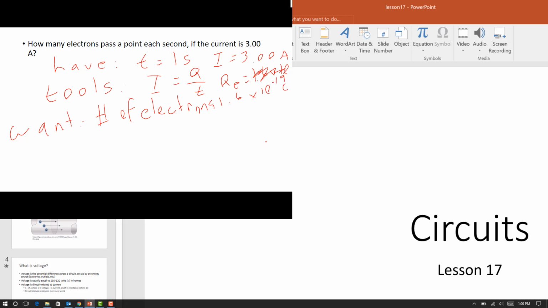Does that make sense? So this problem is like the one previous where we're solving for charge, the number of coulombs, and so we'll use our modified tool where charge is equal to current times time, so 3.00 amps, which is coulombs per second, times 1 second.